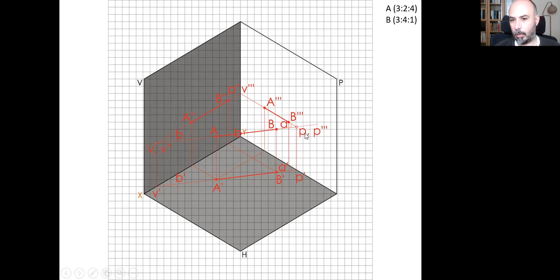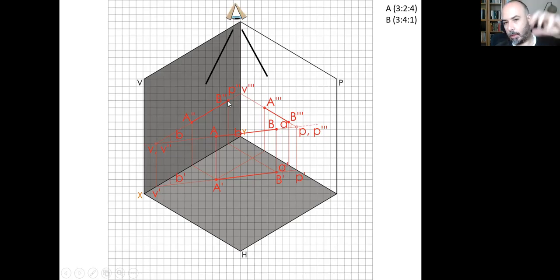And the other one is symbolized with lowercase p, because it is the intersection of this line with the profile projection plane. And we see two angles here. They are the inclination angles of this line, created between the line and the projection planes V and P. Yeah, this is what we are going to do.